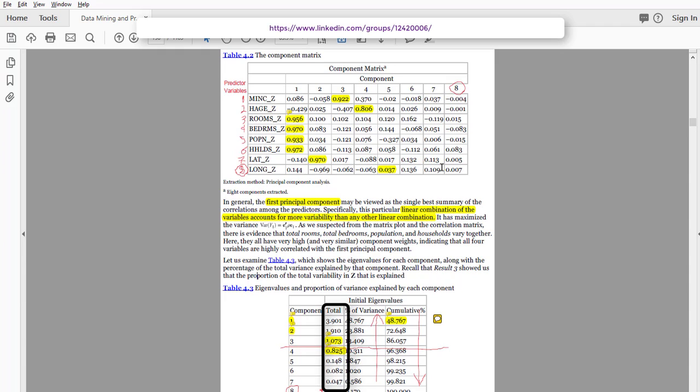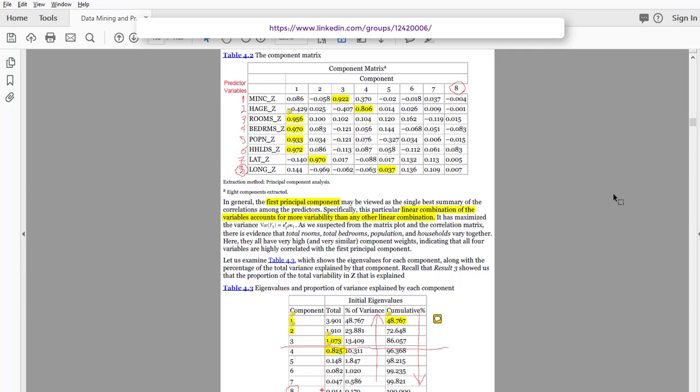Okay, so that is the idea that the summation of the variances of the z's is equal to the summation of lambdas, and these are the lambdas and the eigenvalues that we have here, and if we make a summation of these, we will get this 8. That is the number of the variables that we have. Okay, so this is theorem 1, or that part 1 that is mentioned in that page of the book.